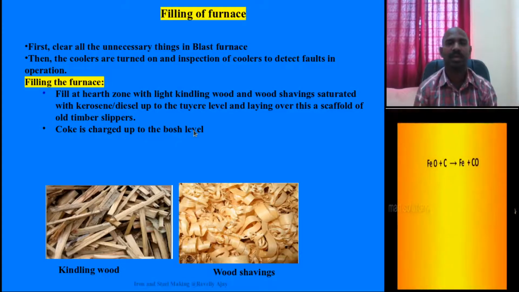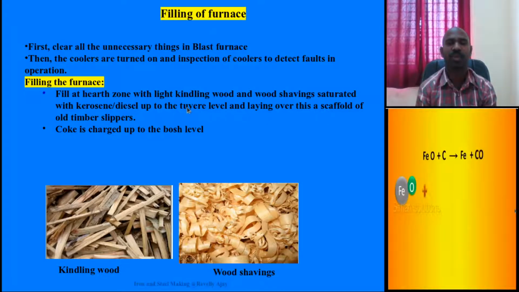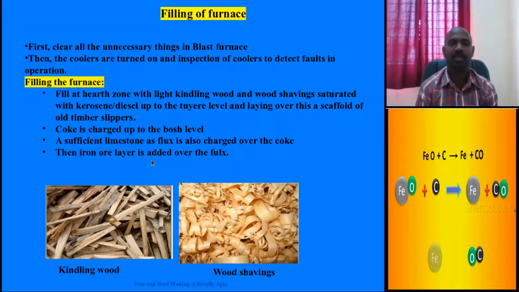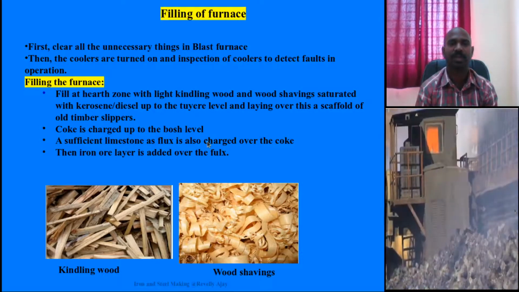Coke is charged up to the Bosh level. These wood strips are charged up to the tuyeres level. This coke is charged up to the Bosh level. Then another layer of limestone is added, and then an iron ore layer is added over the flux.